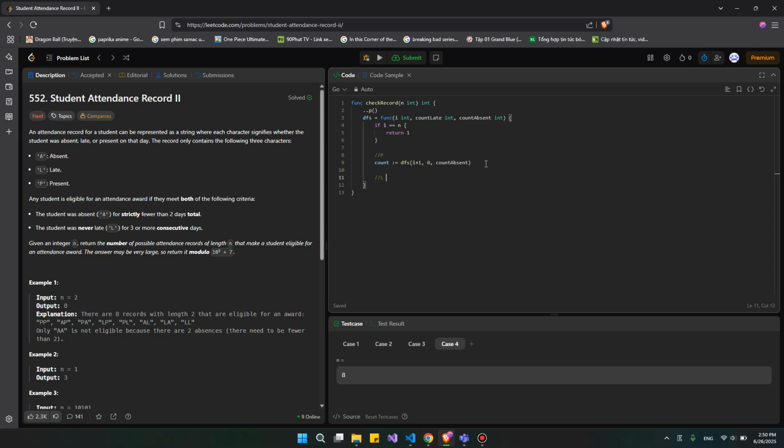So how about L? We can only put an L when the count late is less than two, because if it is two and we put an L here, we will have three L in a row, so we need to check if count late is less than two.